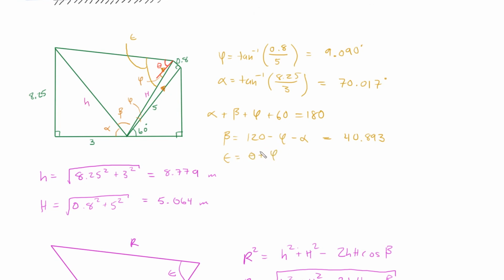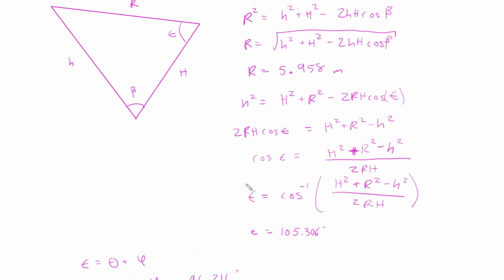I think it's the supplementary rule, to find this angle beta by using these angles alpha, psi, and 60. As you can see in this equation, we used that rule. And then we defined this big angle epsilon as this part of the triangle. And we could use beta and epsilon and these dimensions h and big H for the law of cosines to help us find the angle theta. So that's what we did here.